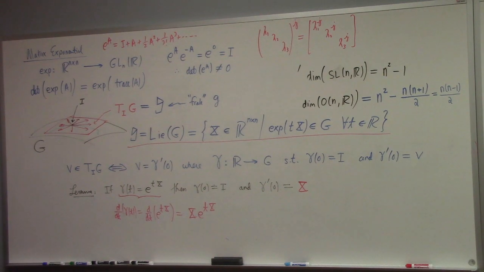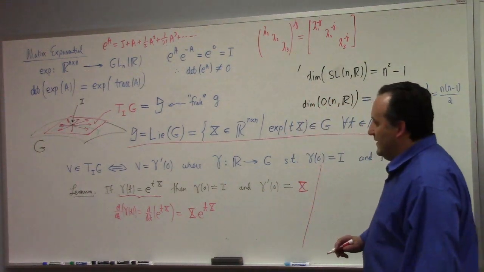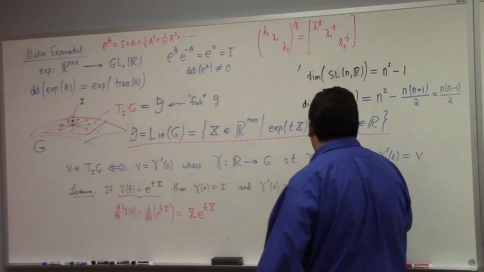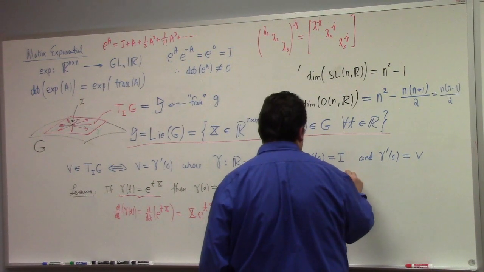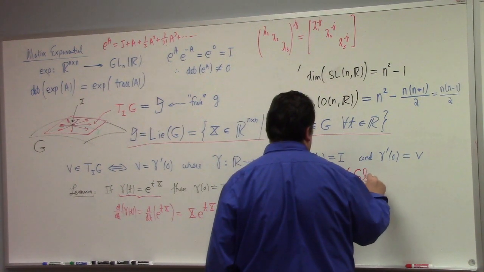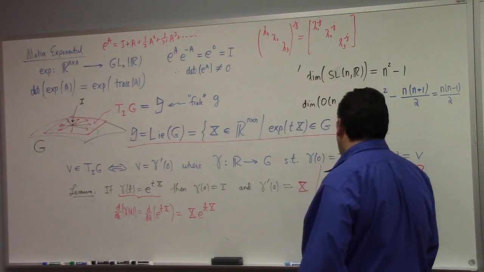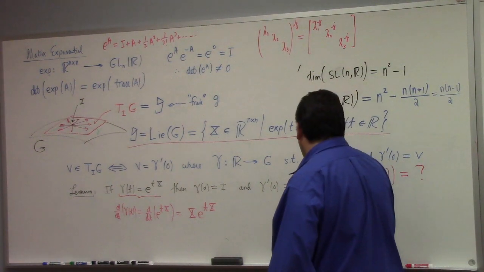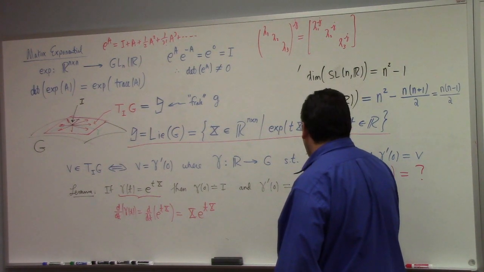Okay, so check this out. What is then the Lie algebra of big G? So what if we look at, what is Lie of big GLn? I'm going to use a V, if you don't mind.